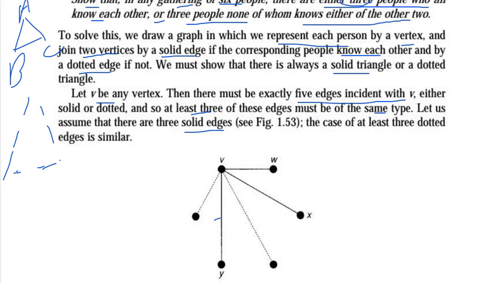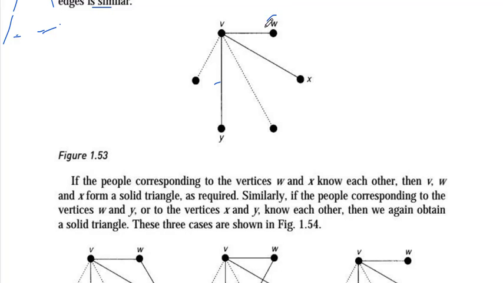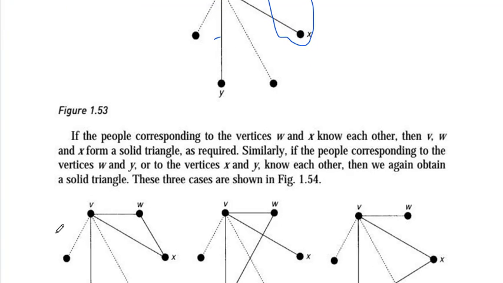The case of at least three dotted edges is also similar. We have now assumed that three are solid edges, going to W, X and Y. Now if the people corresponding to W and X know each other, then V, W and X make a triangle. Yes, that is possibility number one.